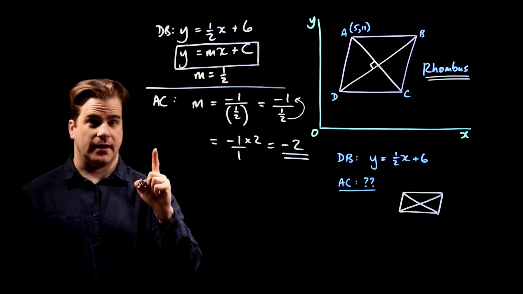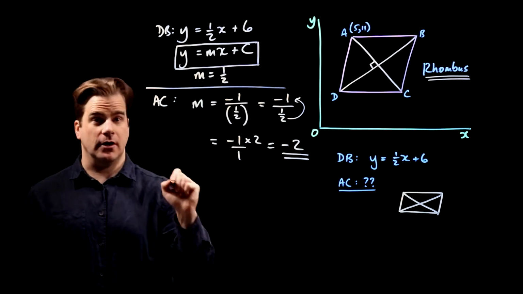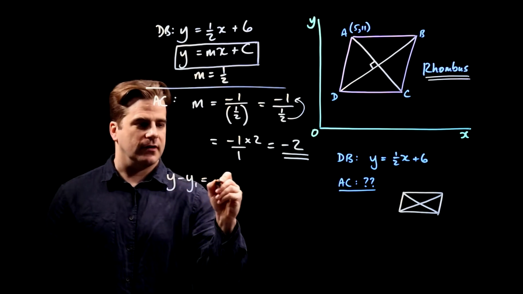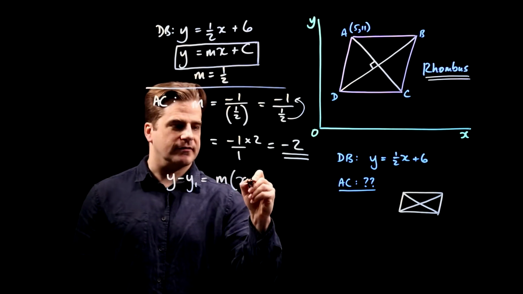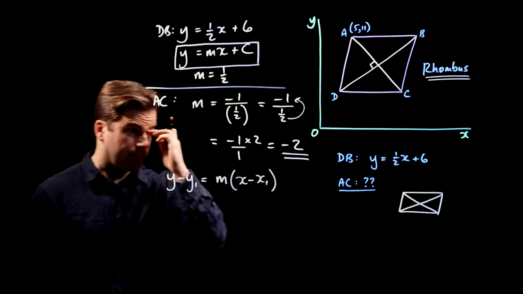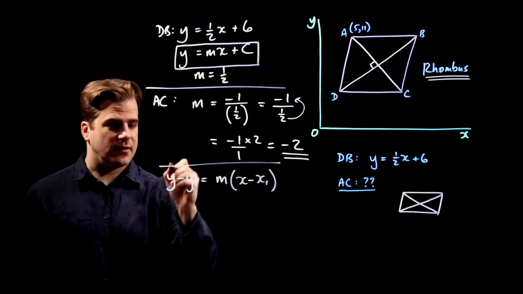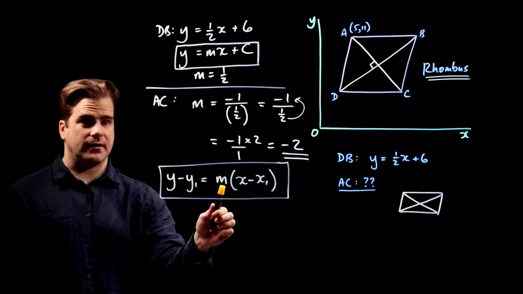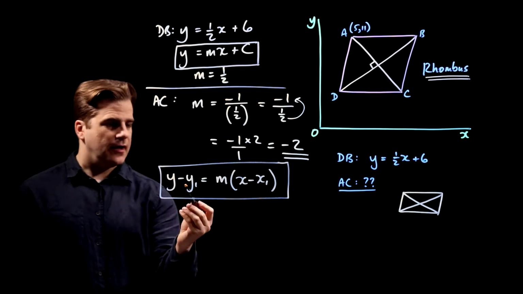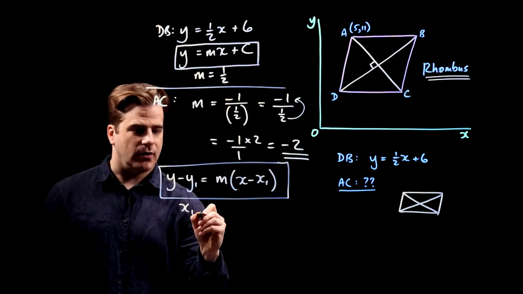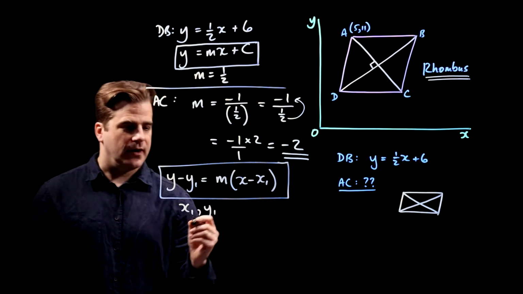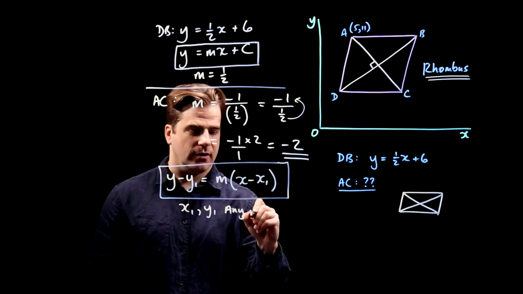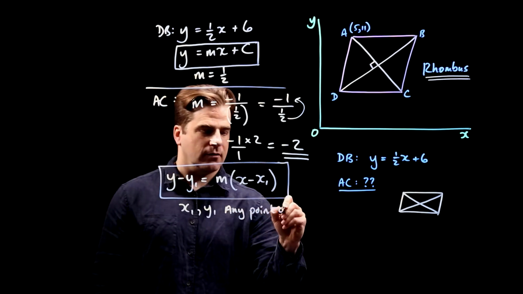It's this, and I need you to learn both forms: y minus y1 equals m times x minus x1. Now that is the same equation, just in a different form. It's still got a gradient m, but instead of a y-intercept, it's got this point (x1, y1), which is any point on the line.